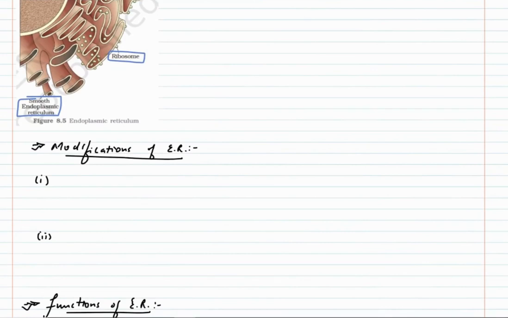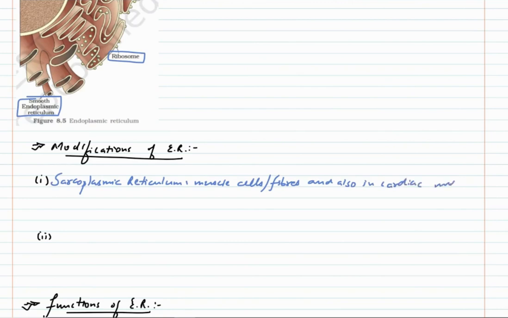Now, there are two modifications of ERs seen in cells. One is known as sarcoplasmic reticulum. This is seen in muscle cells or muscle fibers and also in cardiac muscles.